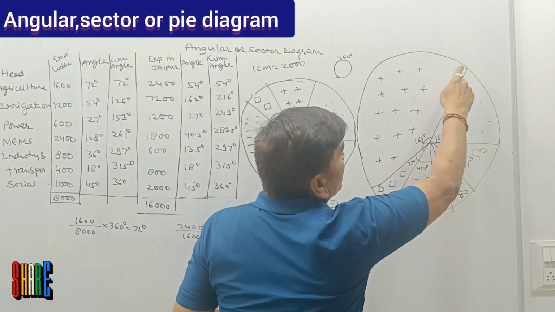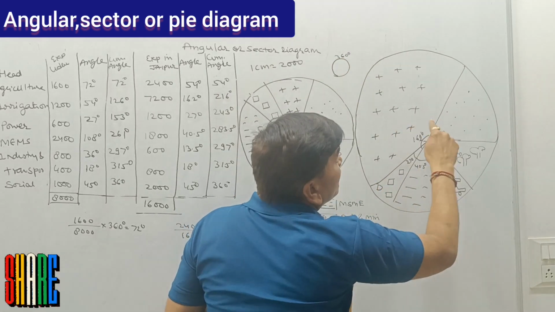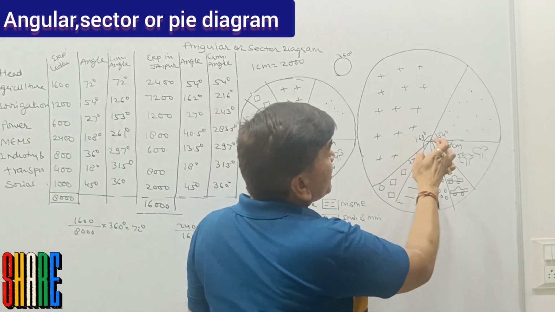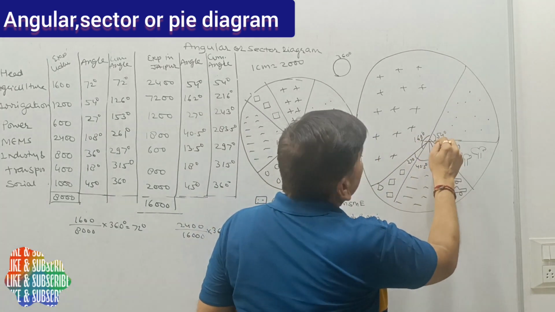So for the first cut, if you have a whole 360 degree protractor available, good; if not, the very first we have 180 degrees here and 180 degrees here.